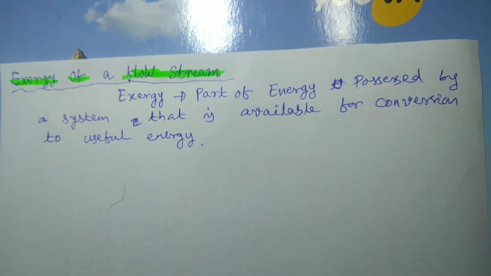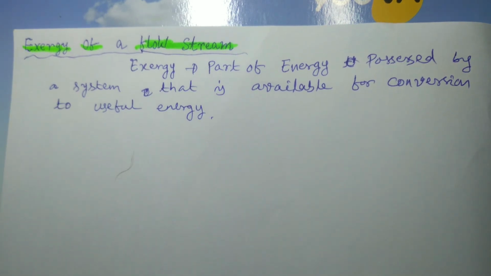The maximum useful energy that can be derived from a system is called the available energy, or exergy. 100% of energy associated with a system can't be converted into useful work. So only some portion is actually possible to be converted to useful work.